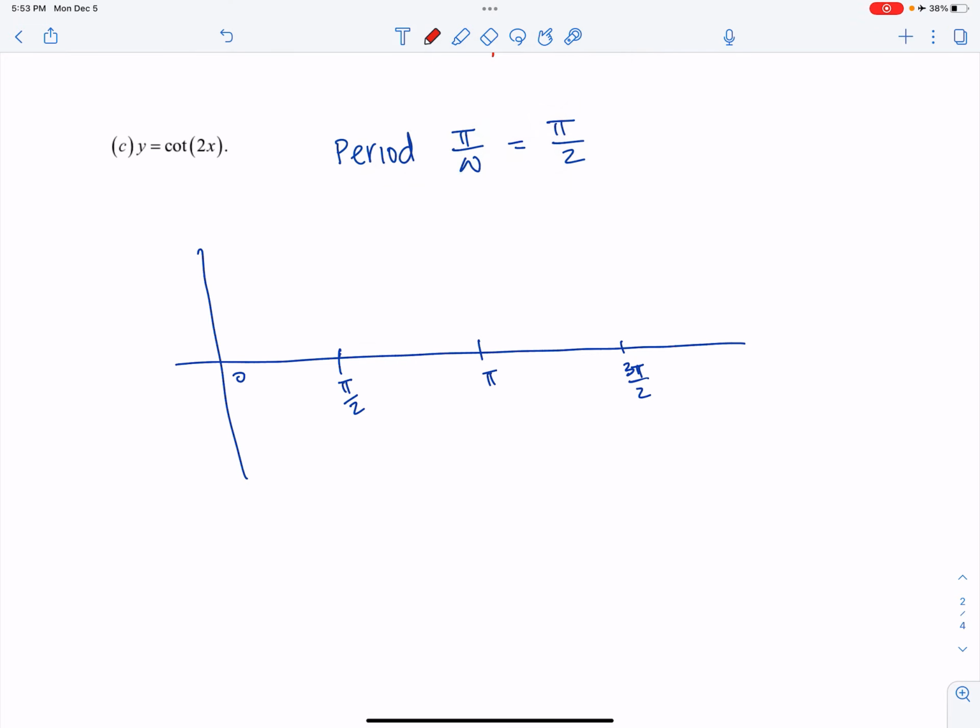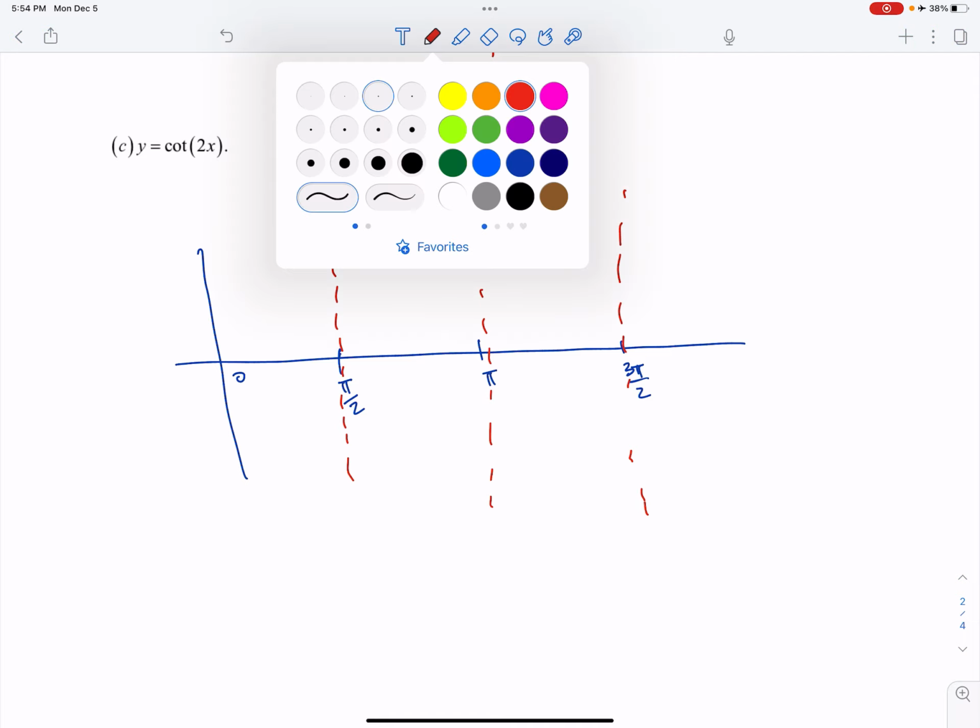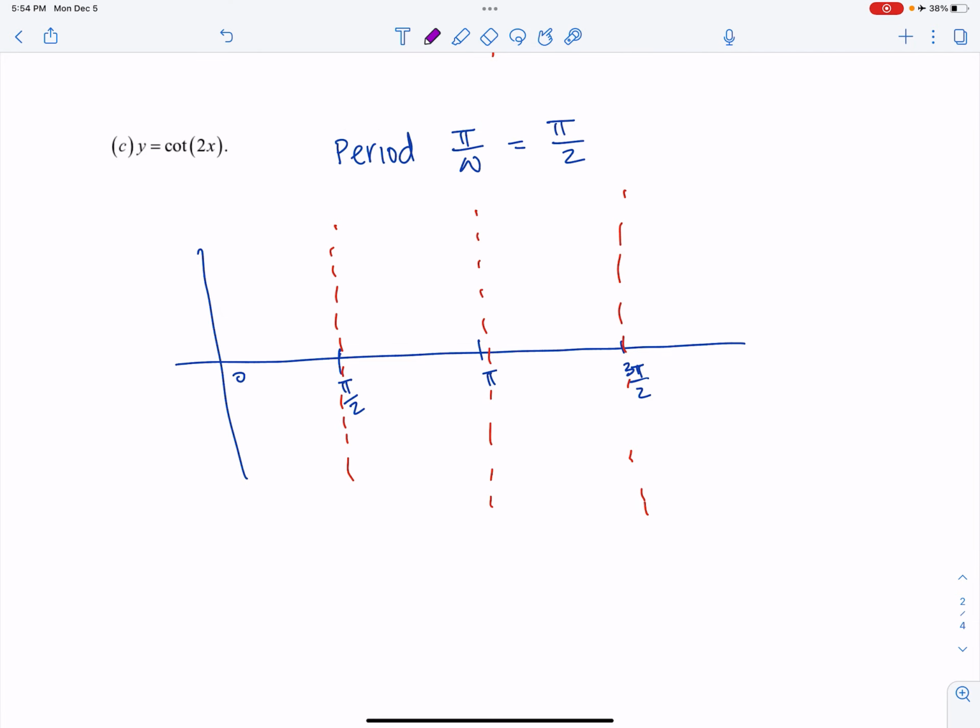And I know since that's my period, that's where it's going to reach its asymptote. And that's going to tell me it looks something like this. And there we go. Cotangent of 2x.